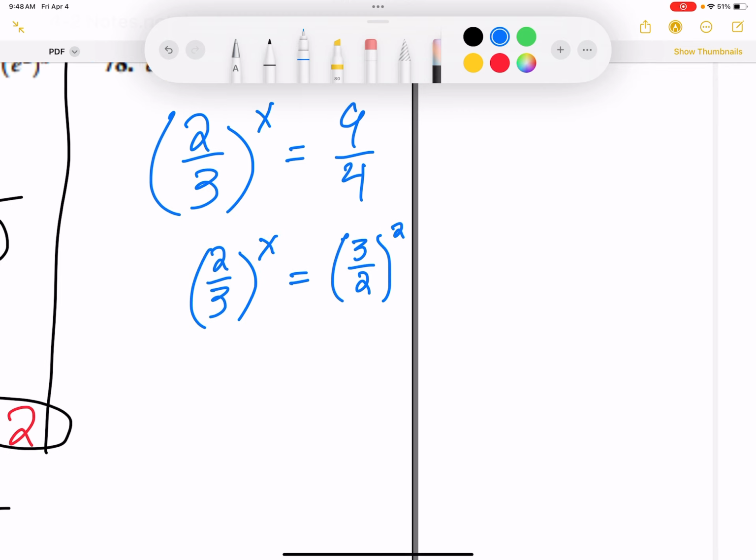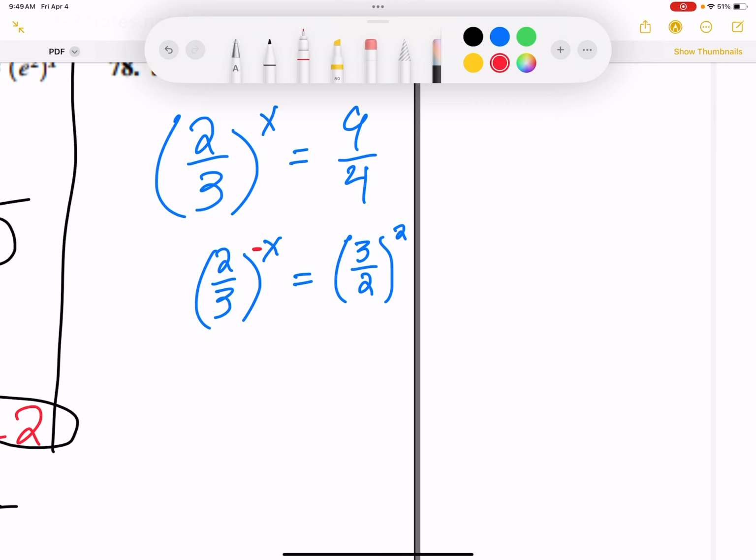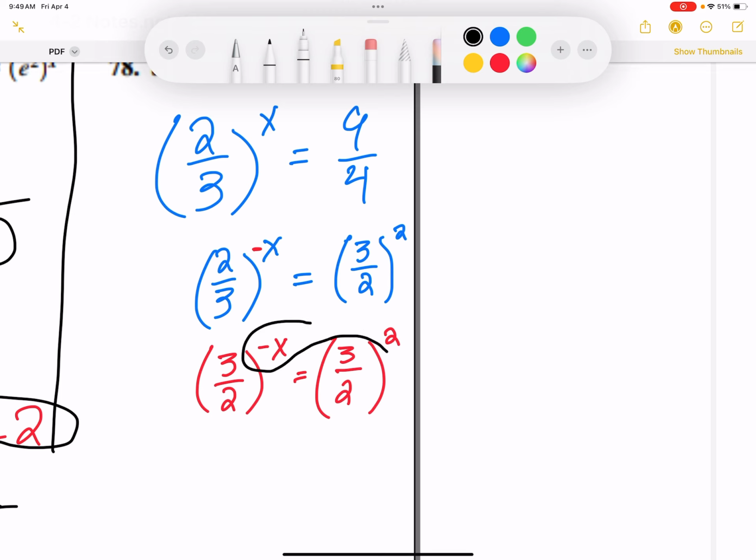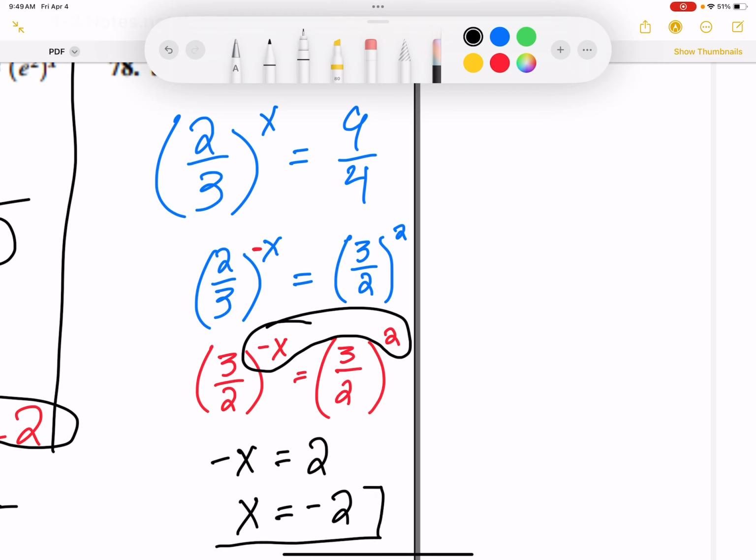They're not the same. But if I make one of the exponents, whichever one you prefer, negative, then it flips. I'm gonna make my x negative, and when I do that, it becomes 3/2 to the negative x equals 3/2 squared. Haha, the bases match. So I can say, hey, negative x equals 2, so x equals -2. Bam.